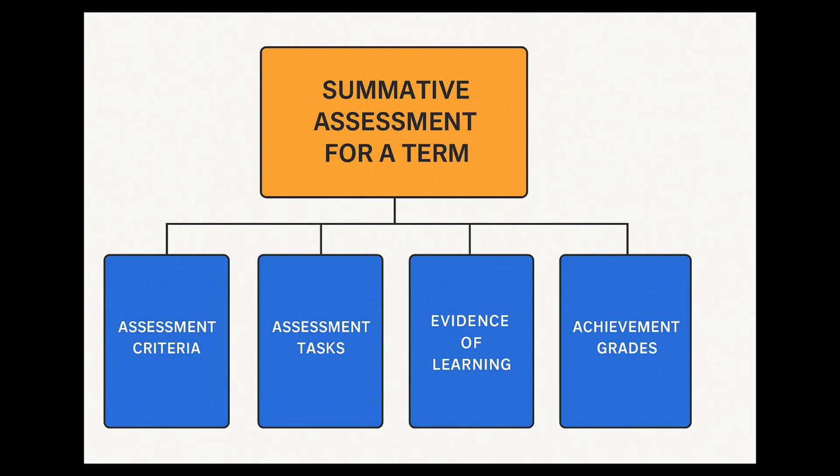So summative assessment for a term is not just about assigning grades, it's about capturing the full picture of students' learning achievements, when the assessment criteria are clear, tasks are well designed, evidence is authentic, and grading is fair.